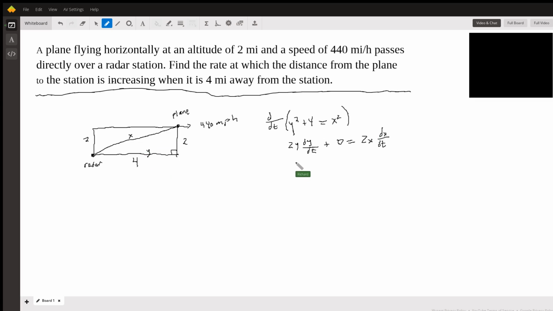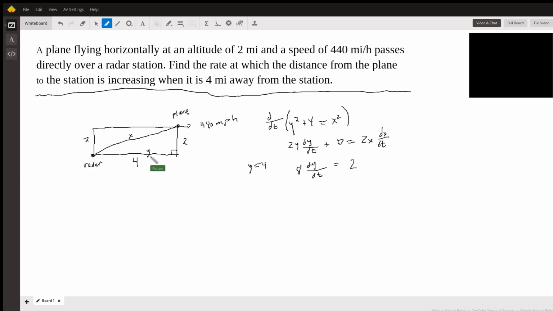So we have y is 4, and that's going to give you 8 dy/dt is equal to 2x dx/dt.